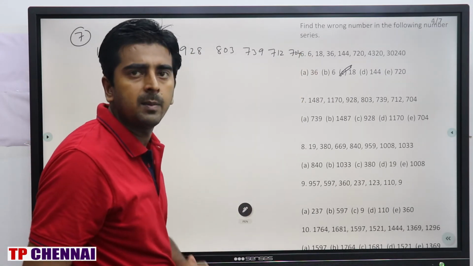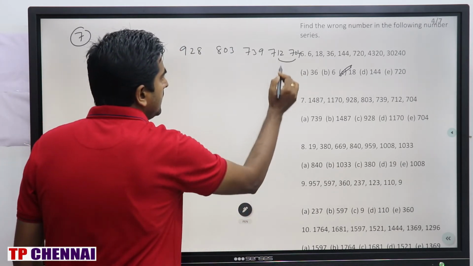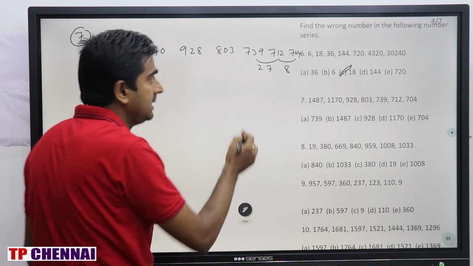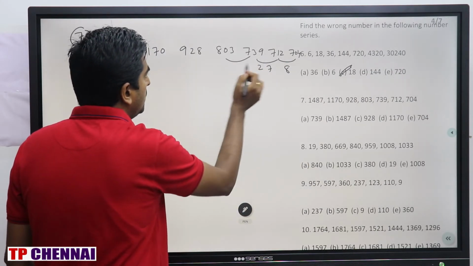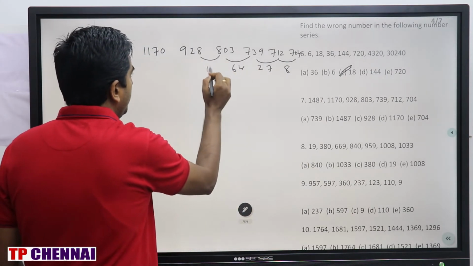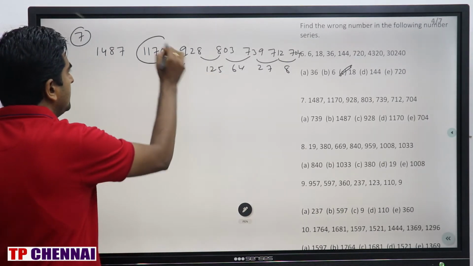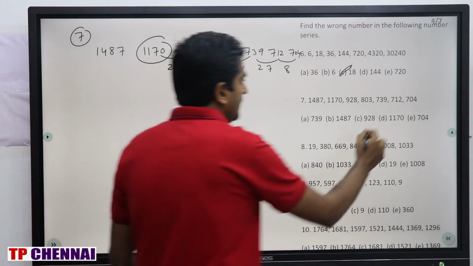Right? Numbers are nearby. It follows difference logic. Difference is how much? This is 8, 2q, 3q. Right to left means addition, increasing. 2q, 3q, 4q, 5q, 6q. 6q means 8 plus 6, 14. This is the round number. Right? 1170 is the round number.